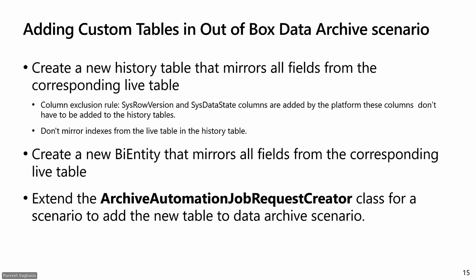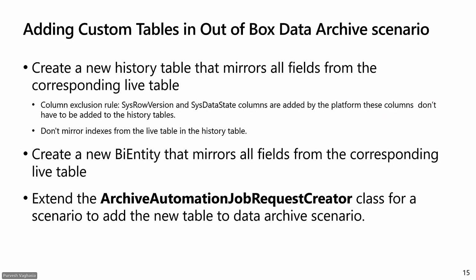There are a few things that we need to do for plugging in custom tables. The very first thing is to create and map history tables. Like we discussed earlier, against each table we have one history table. So you need to create history tables against your custom tables and map all the columns.